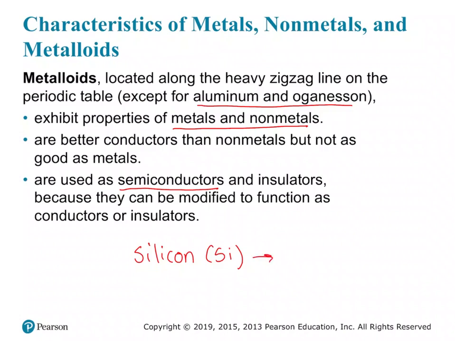And this is often found in computers or computer chips, or even solar panels. And because silicon is present in computers, that's how Silicon Valley got its name in California. So silicon, again, can act as both a conductor and an insulator.